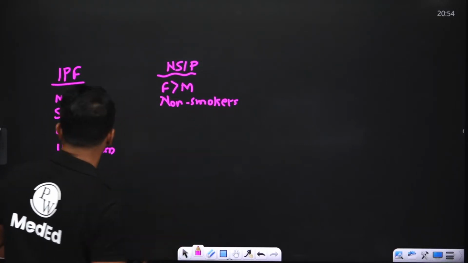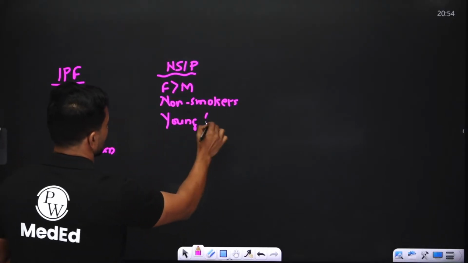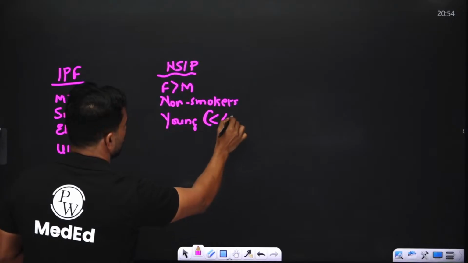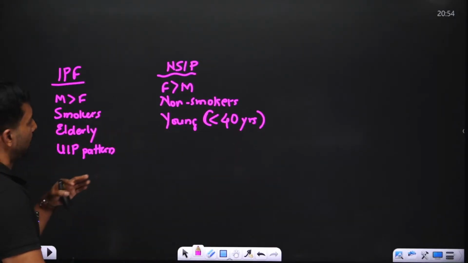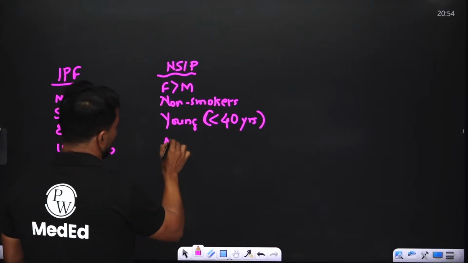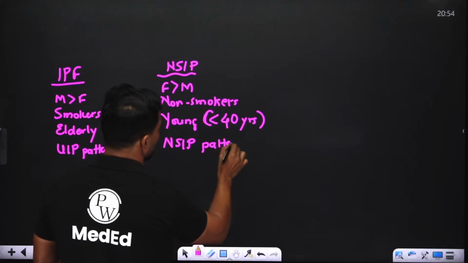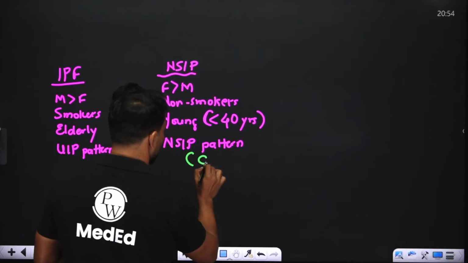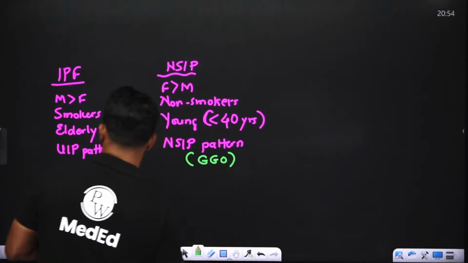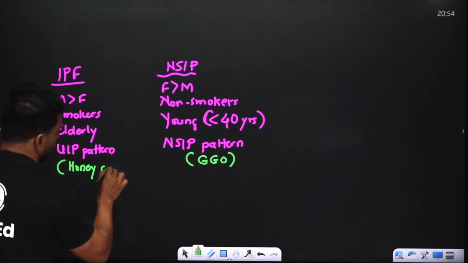It's more common in non-smokers. This is more common in young females, meaning less than 40 years of age. The radiological pattern we see here is called the NSIP pattern, which is primarily characterized by multiple ground glass opacities. Here in IPF you will have mainly the honeycomb appearance.